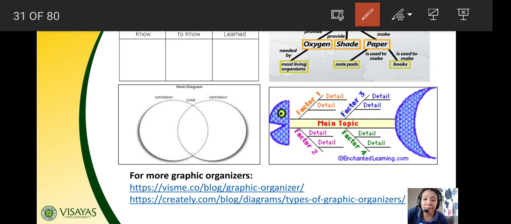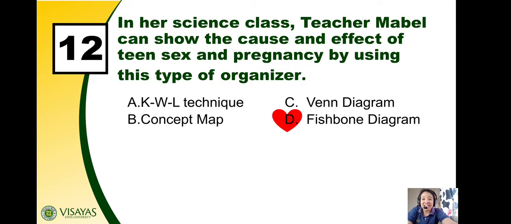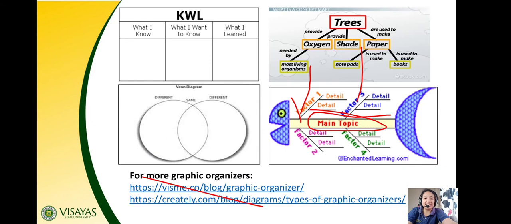So, for example, our main topic here is pollution. So, ano yung factor 1 na nagiging cause ng pollution? So, for example, throwing improper garbage disposal. So, yun yung ilalagay natin dito. Then, the details. Then, factor 3, another reason. So, that's why we have here, class, the cause and effect. It is in the fishbone diagram.